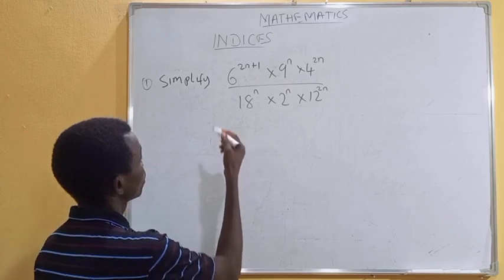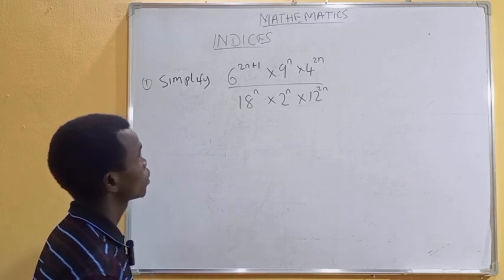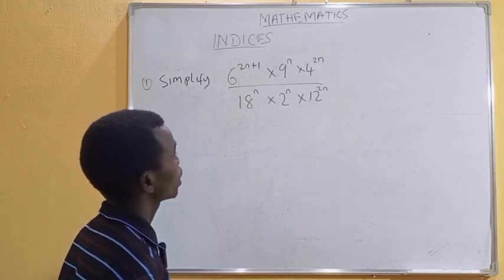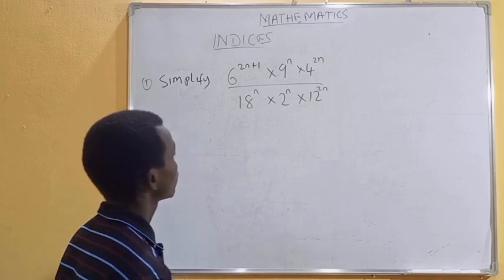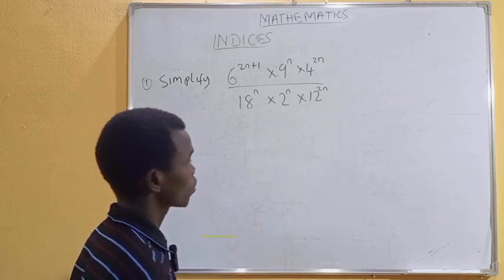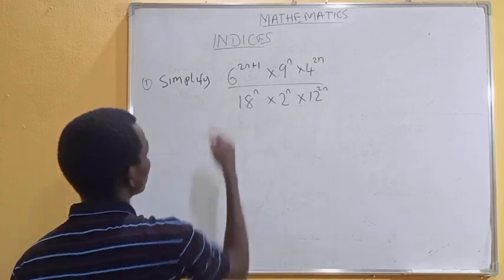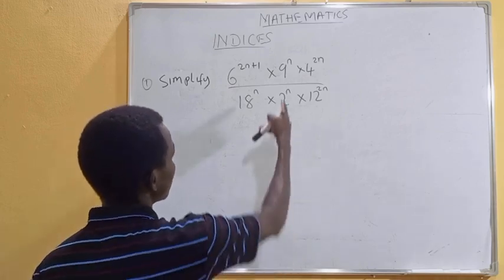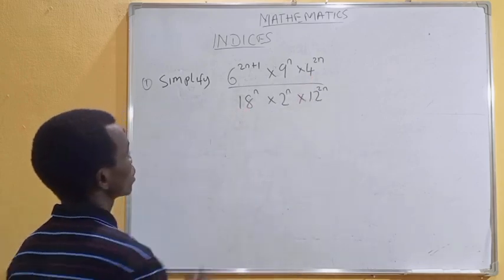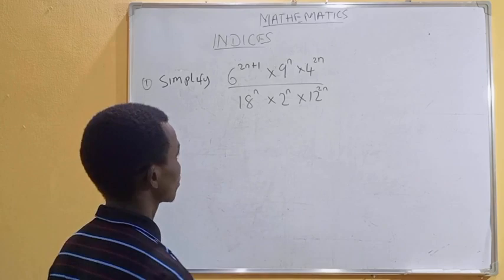Simplify 6 raised to the power 2n plus 1, times 9 raised to the power n, times 4 raised to the power 2n, divided by 18 raised to the power n, times 2 raised to the power n, times 12 raised to the power 2n. From this question now, we know that we can simplify this by writing 2 times 3, and here 3 square, and here 2 square, and this 2 times 3 square, and also this 3 times 2 square.